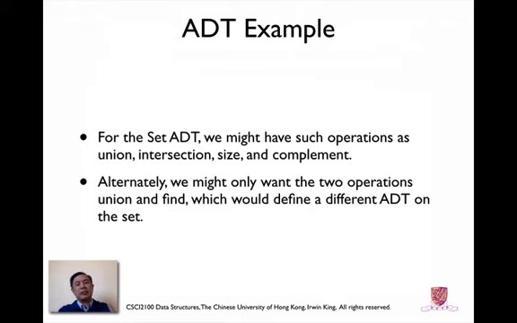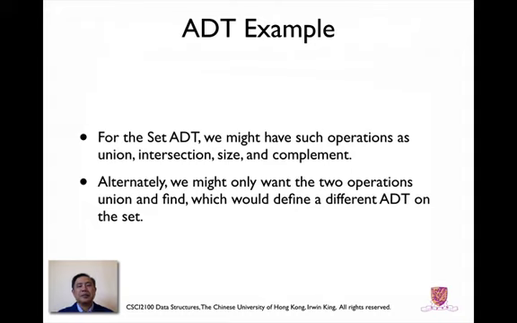You might use an array, you might use a list, you might use some other data types to implement this abstract data type called set. And as we said earlier, how you define your data structure will affect how you do the implementation.